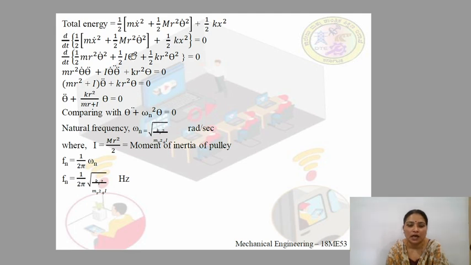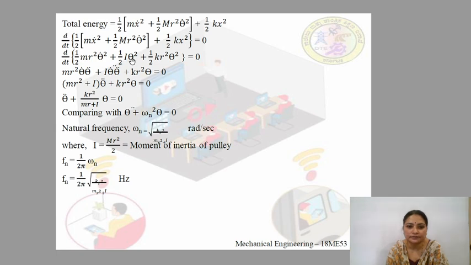Now after differentiating, we get d by dt of 1 by 2 m x dot square. As we all know, x dot is nothing but r theta dot, so the term becomes m r square theta dot square, plus 1 by 2 I theta dot square.